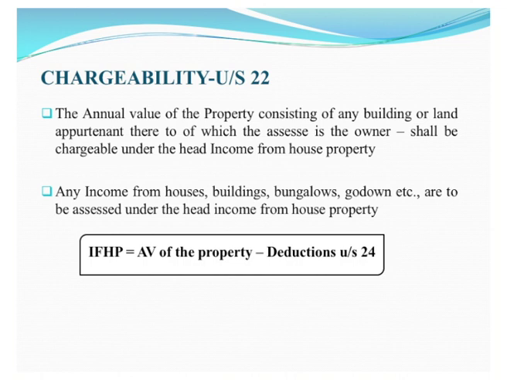Annual value of the property simply means that it consists of any building or land attached thereto, where the condition is that the assessee is the owner of the property. Any income earned under this head will be taxed under the head income from house property.